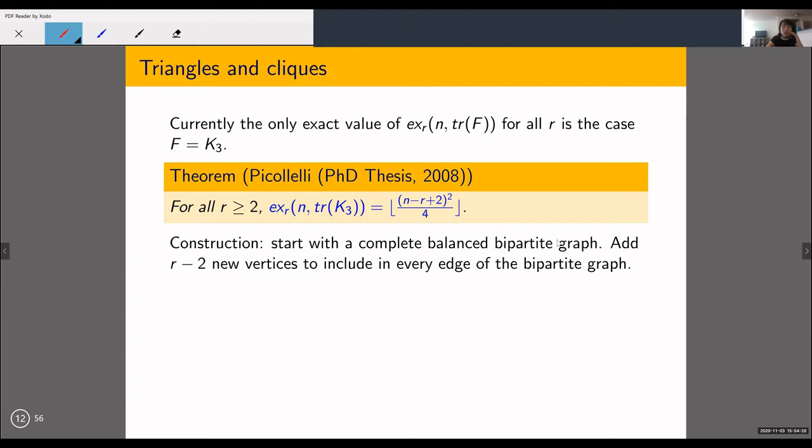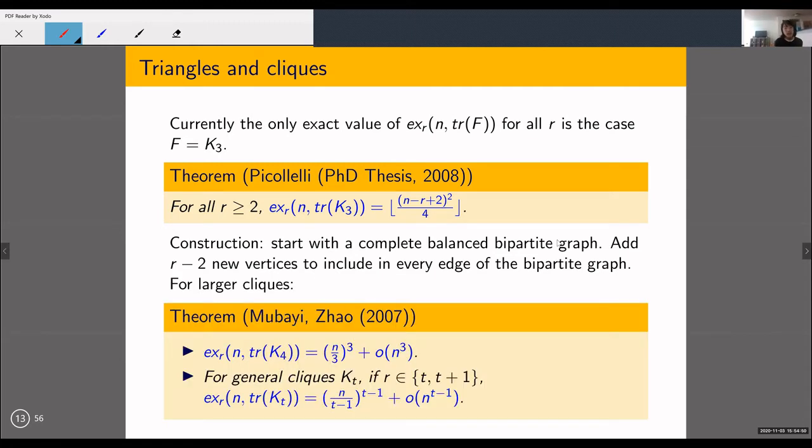To see that it is triangle trace free: if it did have a trace of a triangle, one of the representative vertices must be contained in one of these r minus 2 new vertices. But those vertices are contained in every hyperedge of our construction, and there's no vertex in the triangle which is contained in every edge. So that's the reason why it doesn't have a trace of a triangle.